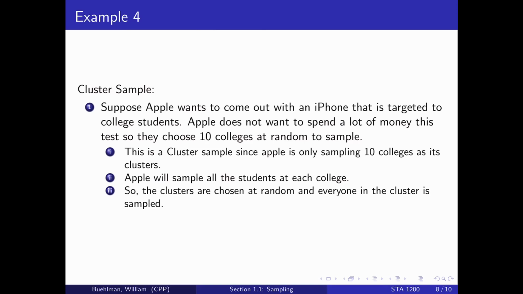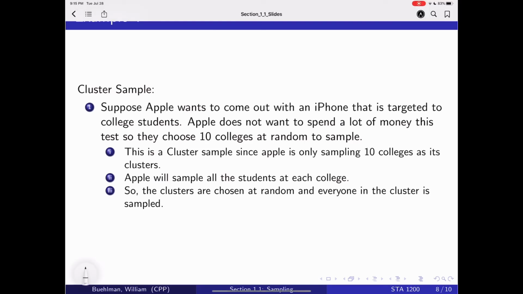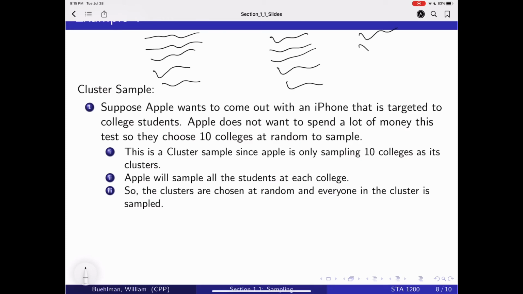So what happens here is, we'll have a college here, college here, college here, and so on. So we have all these different colleges. Right, so here's all the ones in the United States. So what's going to happen is Apple's going to randomly pick these colleges.